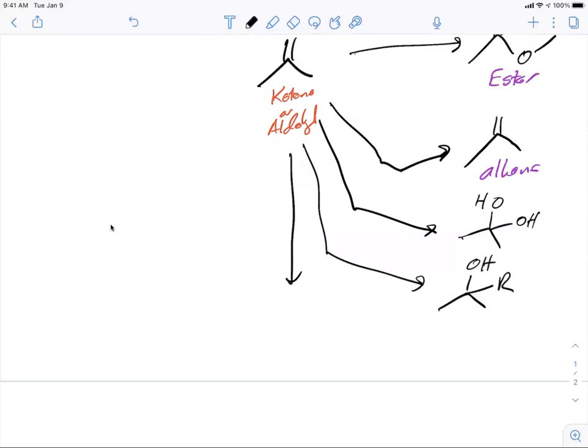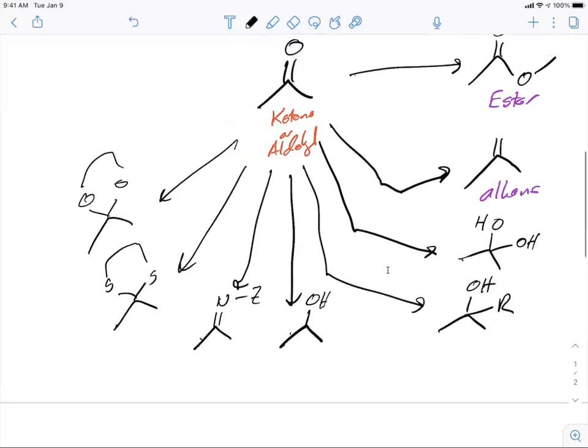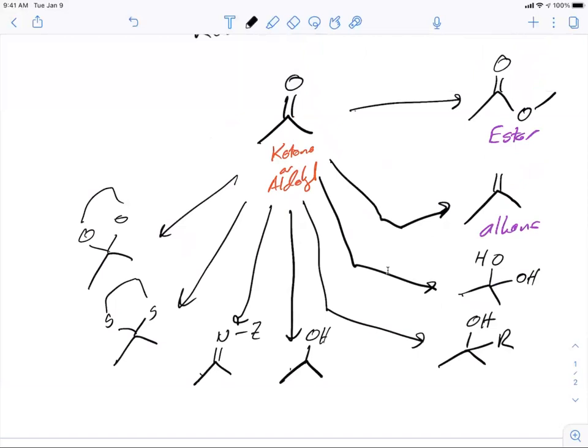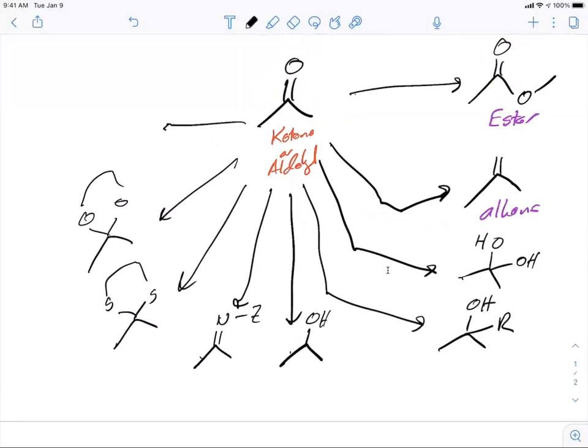We've added a carbon there. Here we've turned it into an alcohol. We've got our nitrogen species, our thiols, our ketals, and then a slightly different one, our enamines.